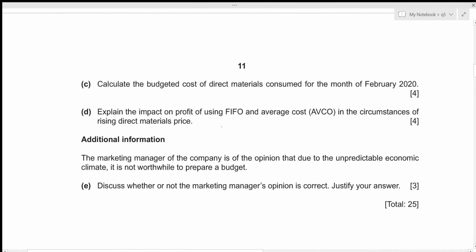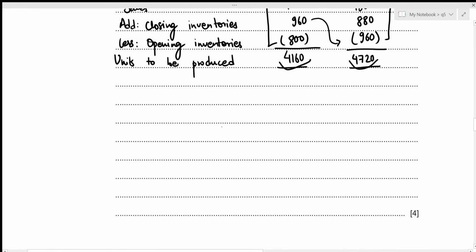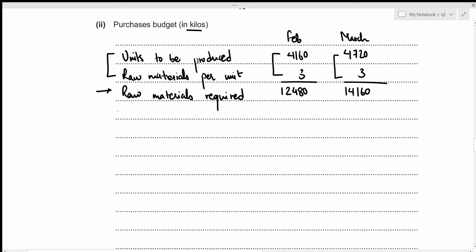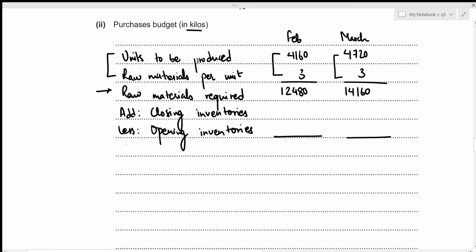Okay, I'm just going to write down the format first. Let's add the closing inventories and then subtract the opening inventories. And this will give the total purchases of direct materials. I'm just going to write it down as direct materials to be purchased.